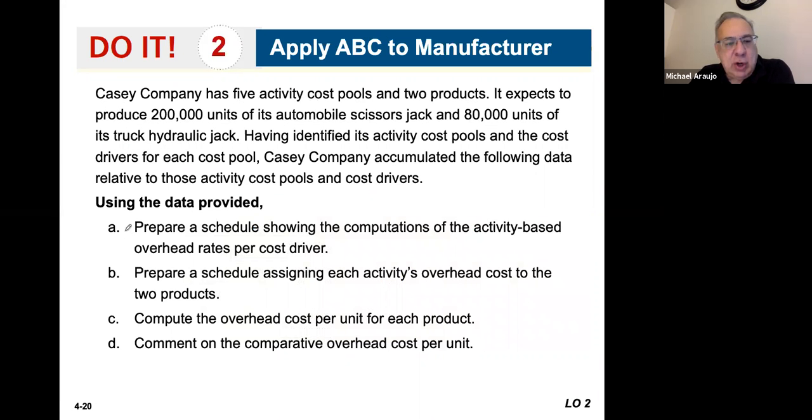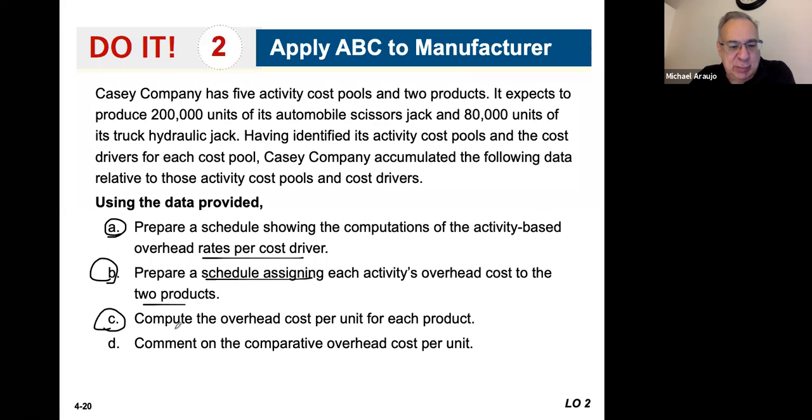Okay, so using the data provided, they ask you to prepare a schedule showing the computations of the activity-based overhead rates per cost driver. That's the first thing they're asking you to do. B is to prepare a schedule assigning that overhead cost to the two products.